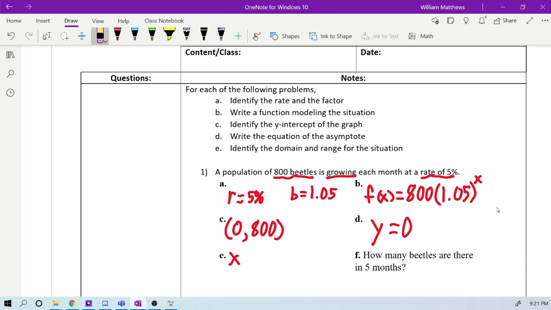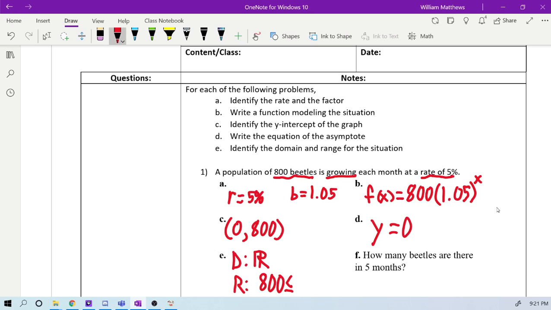We're talking about domain, which is all real numbers. Our range does have limitations. In this case, we know that our range is going to start at 800 and it grows. So 800 is going to be a low value.